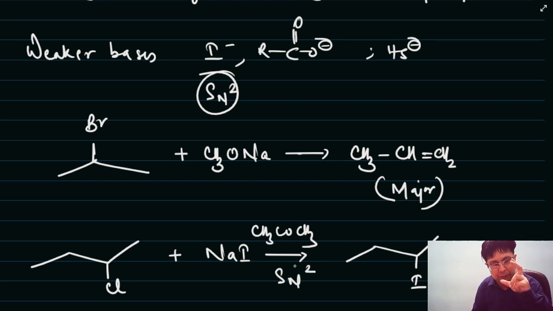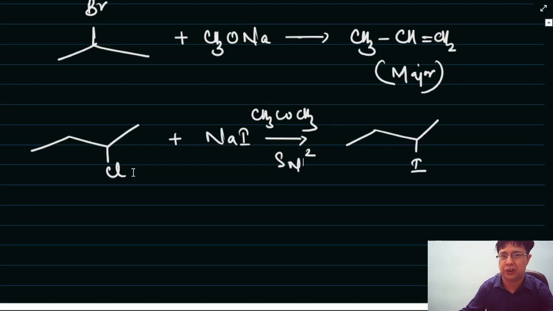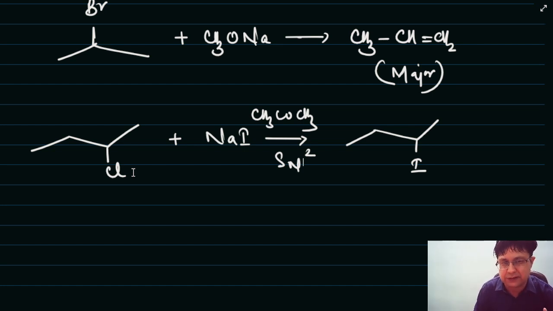Iodide being bigger in size is a good nucleophile, but iodide, because of its larger size, lesser charge density, is a weaker base. So NaI की presence में iodide is a nucleophile causing the substitution reaction to take place, and 2-iodobutane is the product that is formed in this case.